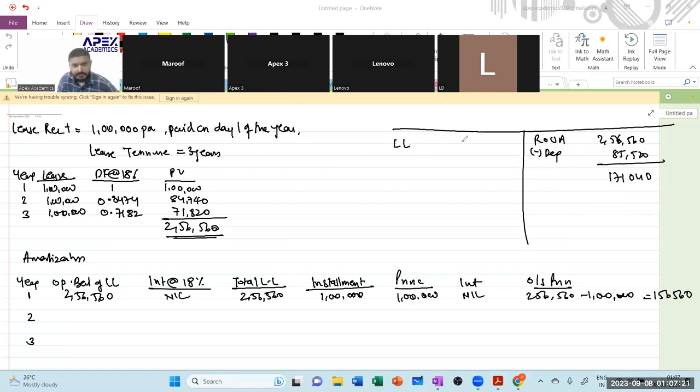Lease liability 256,560, less 1 lakh installment. This is essential.